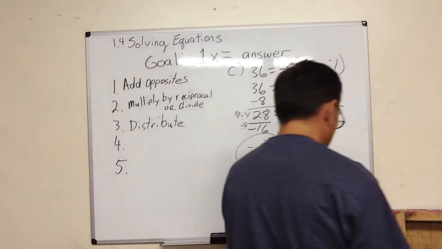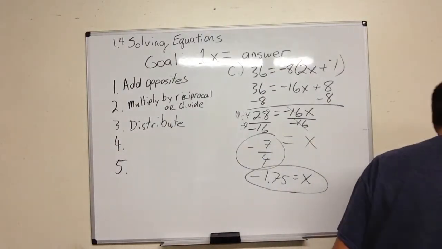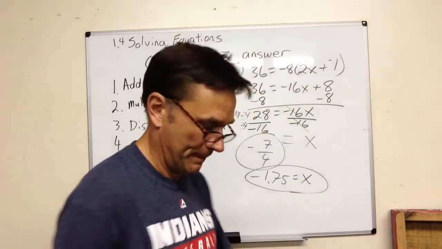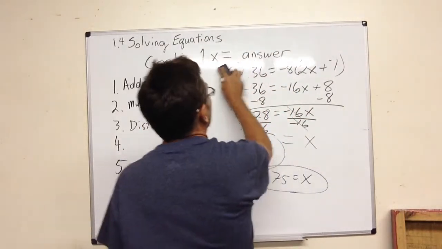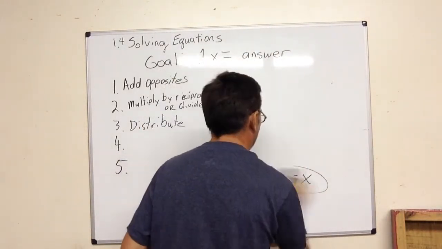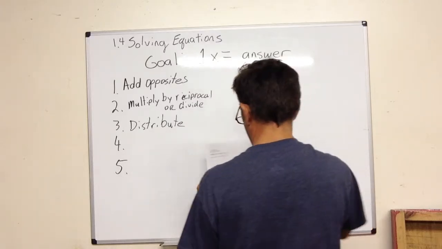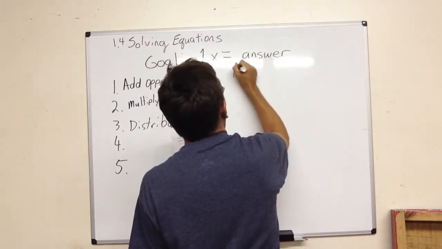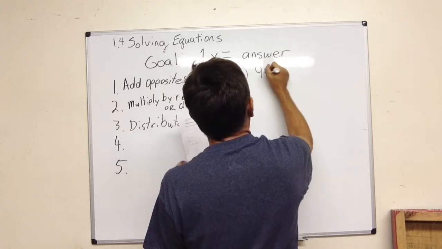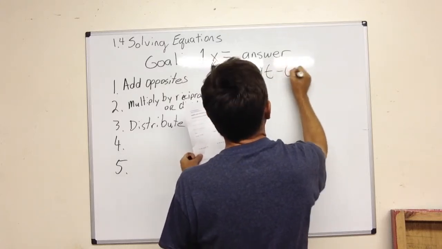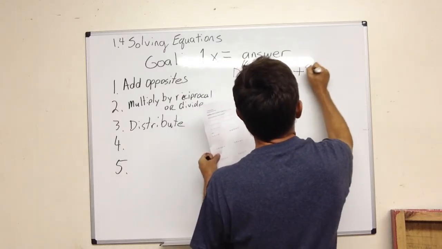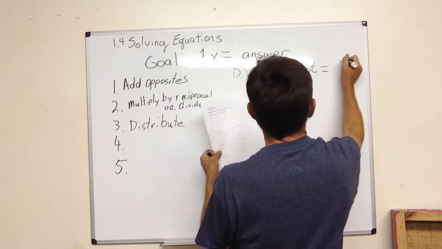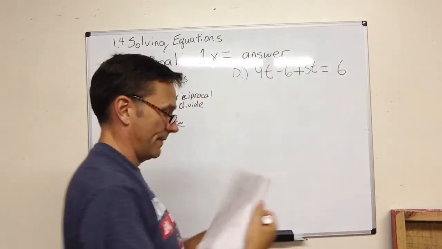Looking at problem D. 9t minus 6 plus 3t equals 6 as well.